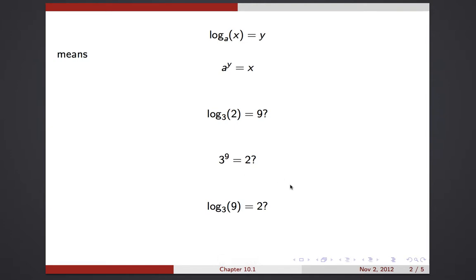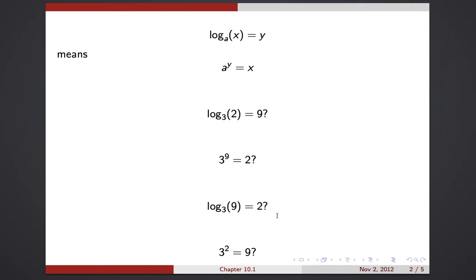But on the other hand, if somebody asks you, is log base 3 of 9 equal to 2, you just do the same thing: take the base, 3, to the second power, does that equal 9? And of course the answer is yes. 3 to the second does equal 9. So it is correct to say that log base 3 of 9 equals 2.